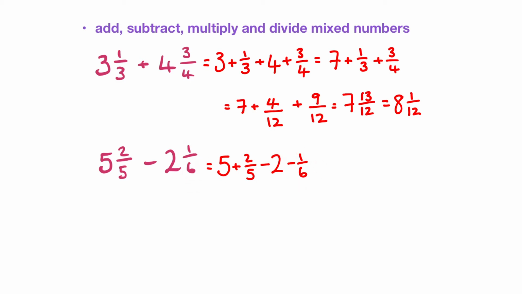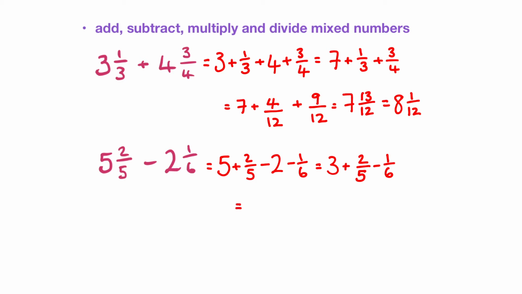So what we've got here is, in our whole numbers, we've got 5 take away 2 is 3. And then in our fractions, we've got 2 fifths take away 1/6. So we need to now get a common denominator and work out what this is. Okay, so it means we're going to stick with having 3.